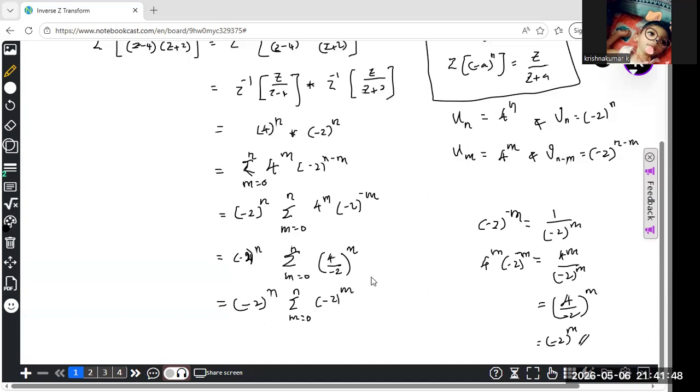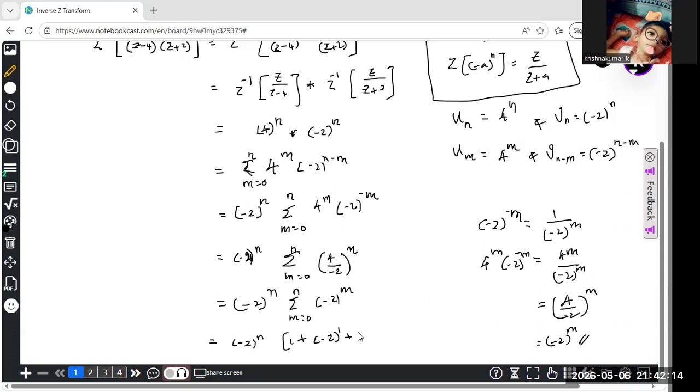Okay, so that's it. Now you simplify this, or you just expand this summation from m equal to 0 to n. If you put m equal to 0, this becomes (minus 2) power 0, which is equal to 1. Next, m equal to 1 gives (minus 2) power 1.